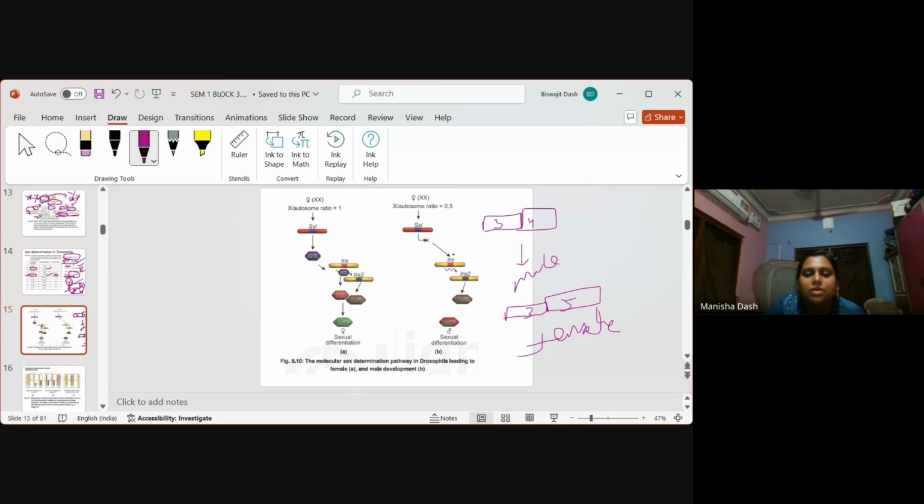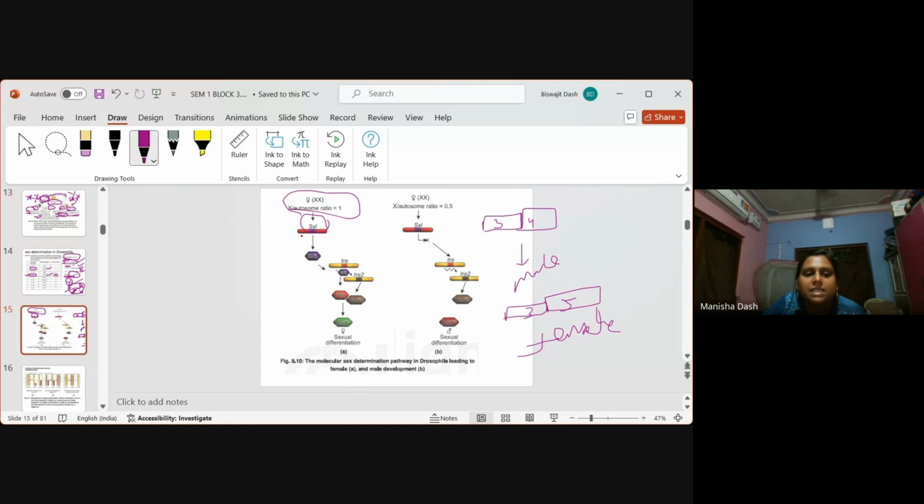So what happens during the gonadial development? If the X by A ratio is 1, it leads to expression of a protein called SXL, the sex specific lethal gene.